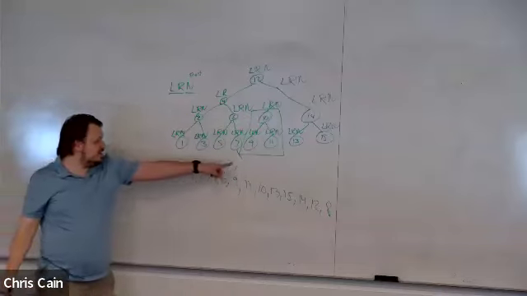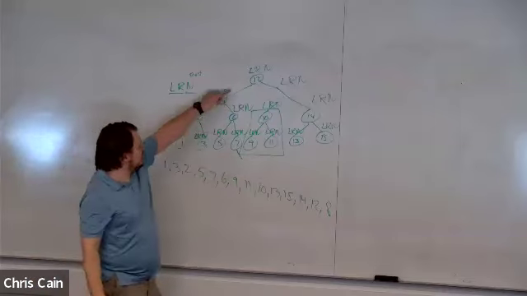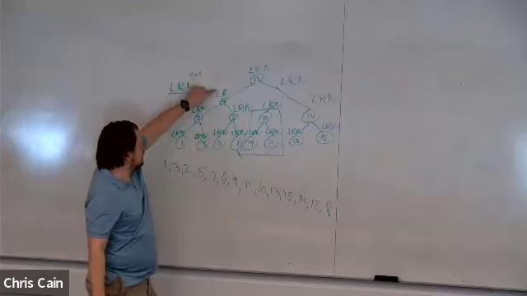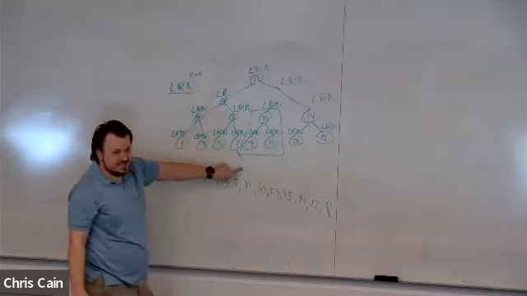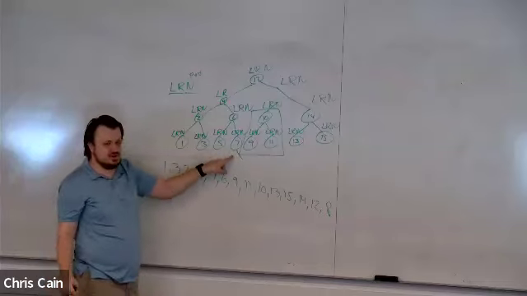So everything in this subtree has to be less than 12. So we go to this 7, left, right, as far as we can go until we get to a null child. That's how we know where this is going to go.